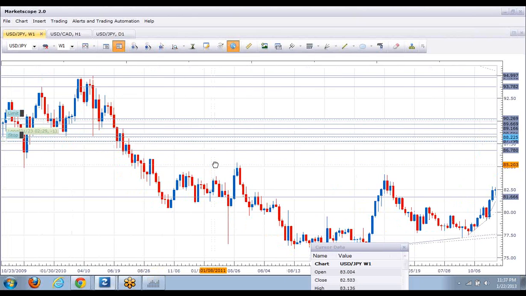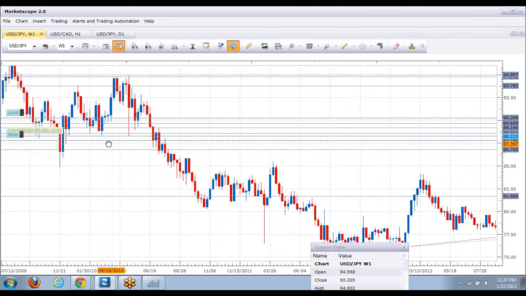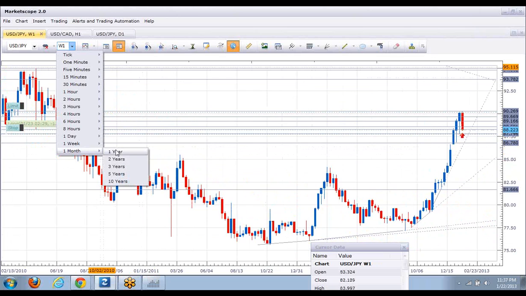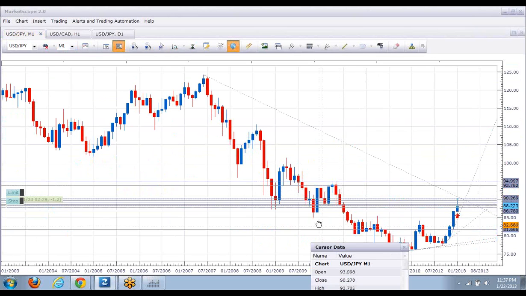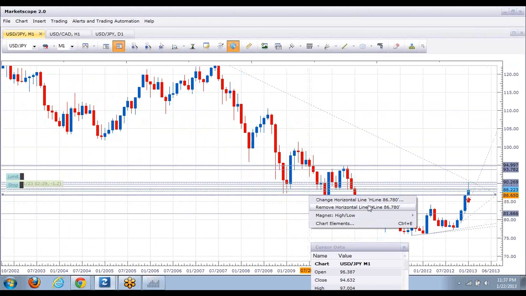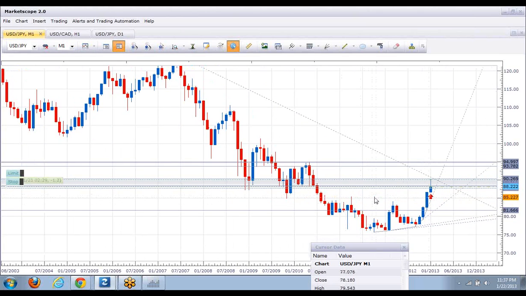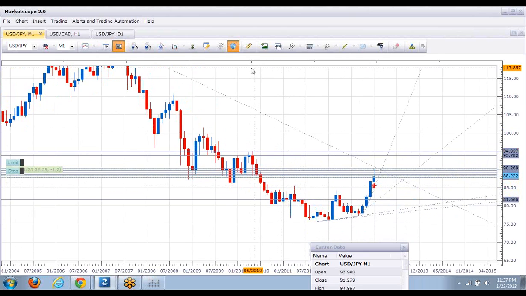From here. So I don't know what this one is. But that's what I used for my stop loss point. Yeah. The weekly would be fine as well.